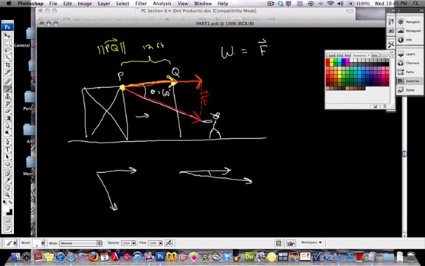So the work being done is just the dot product of the force vector times the displacement vector, which in this case they'll call PQ. Because again, it's only the orange part of the force that's being used to move the door, because it's going in the same direction as the displacement.